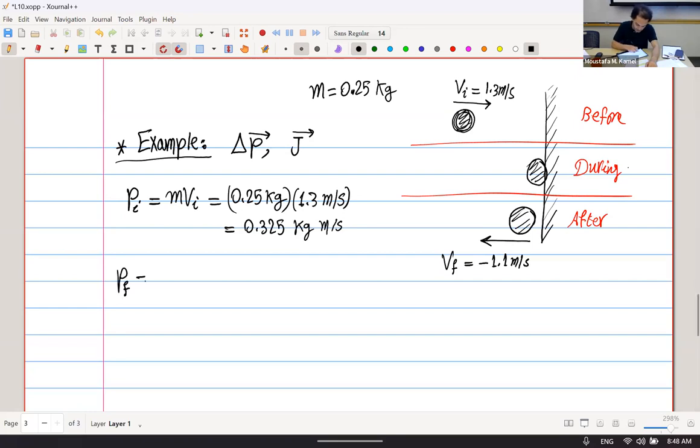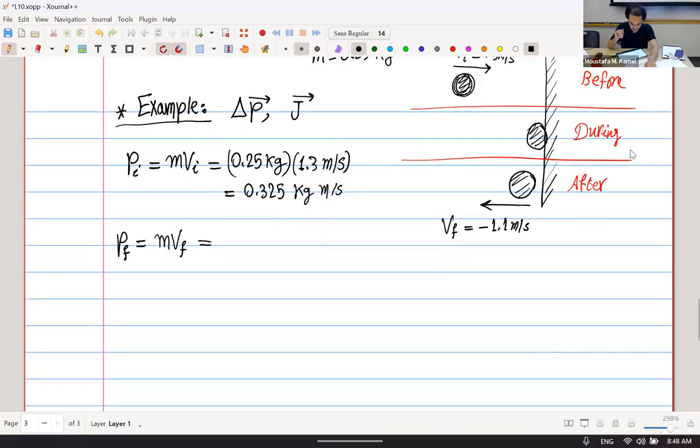And then we calculate the final momentum, which is mass times velocity final. I dropped the arrows because we're working in one dimension, so it's not necessary, as long as we're taking care of the signs. This is 0.25 kilograms multiplying negative 1.1 meter per second, giving negative 0.275 kilogram meter per second.